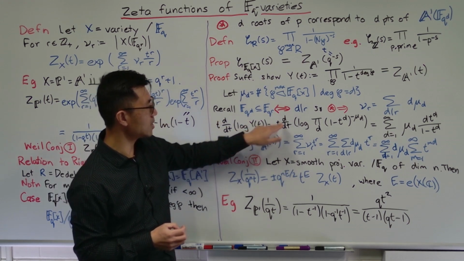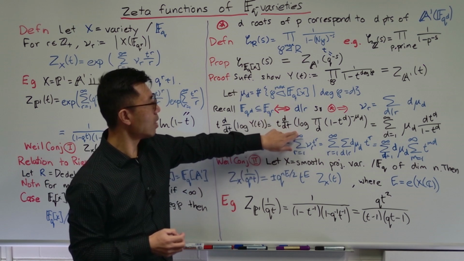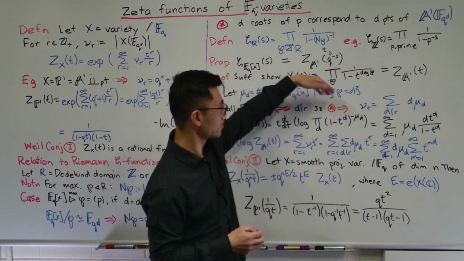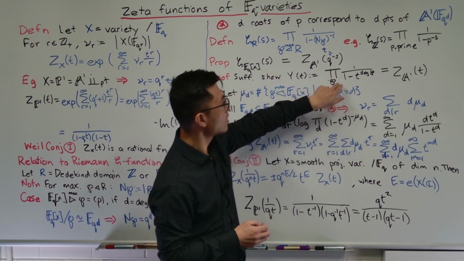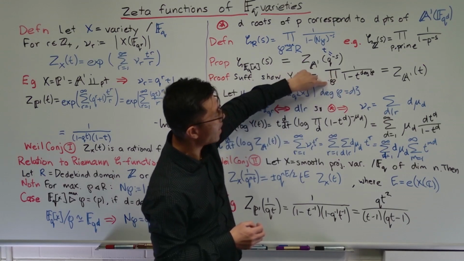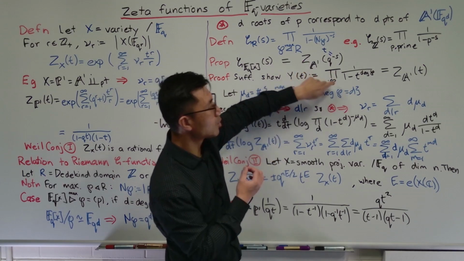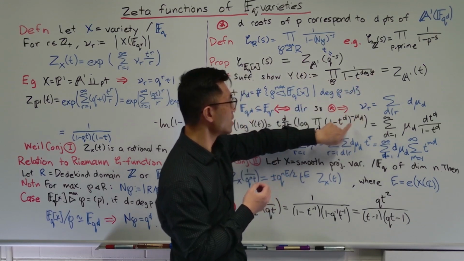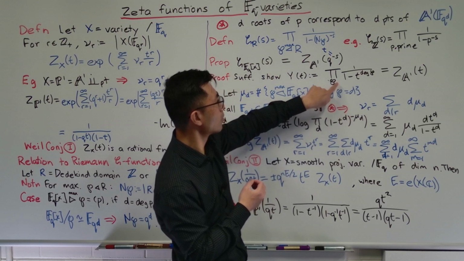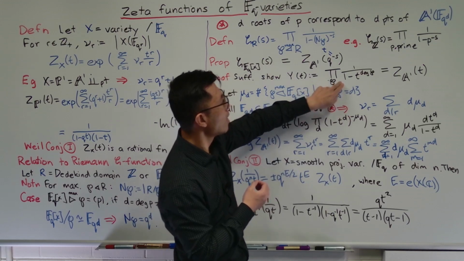What's that? So the t d/dt is here, and we take the logarithm of this term here. Okay, so what I'm going to do is I'm going to collect in this product all the maximal ideals which have the same degree. For all the ones which have degree d here, okay, we're going to collect them all together. There are mu_d of them.